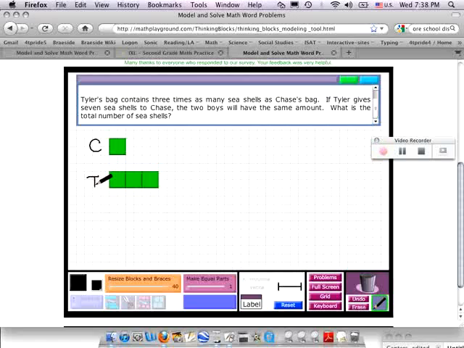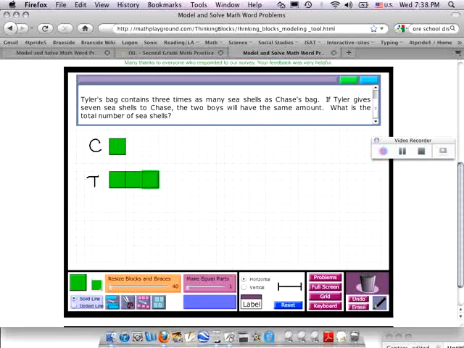And it says if Tyler gives 7 seashells to Chase, the 2 boys will have the same amount. Well, you just kind of need to see it visually. Tyler would be giving this many away. Because if he gave away one block, they would have the same amount.